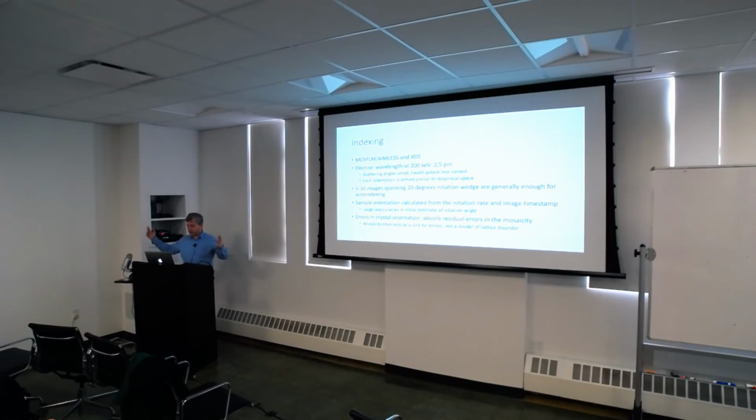Each orientation is almost planar, so you get less curvature than you do in X-ray patterns. In practical terms, what they found was that if you collect 5 to 10 images spanning about 20 degrees, the auto-indexing tended to work pretty well. I went to a course 2 years ago, and that's pretty much what we did, and it worked. I think it was with lysozyme, and it worked pretty well.